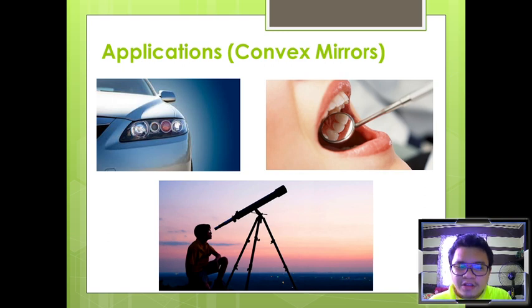And this is now the end of our lesson for this day. Those are the different image characteristics of spherical mirrors, concave and convex. To recap, there are two types of spherical mirrors, the concave one and the convex one.